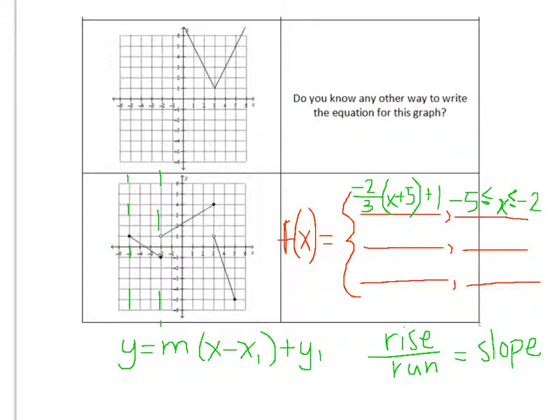If I move over to the next piece, it falls in between this -2 and +3 line. And when I did that, I accidentally marked over that dot. I'm going to erase that. So I'm going to go from -2 all the way to +3. Again, I'm going to put my x value in the middle.